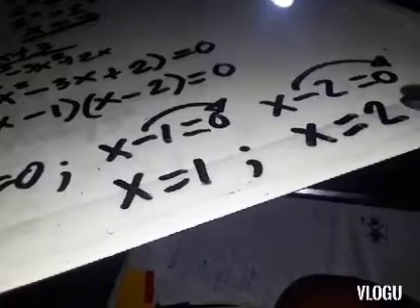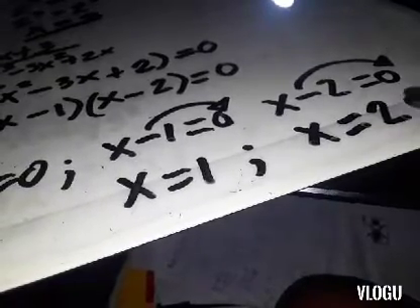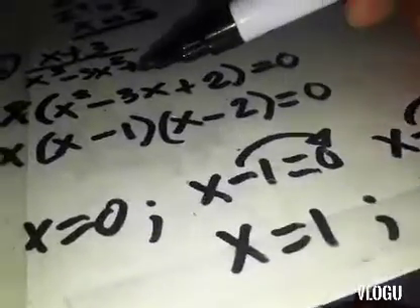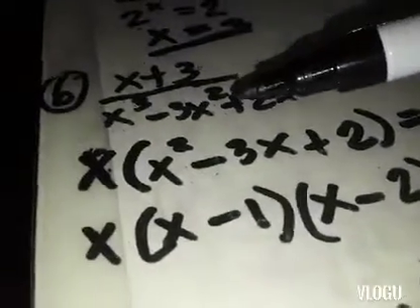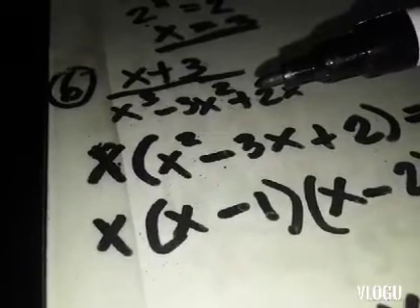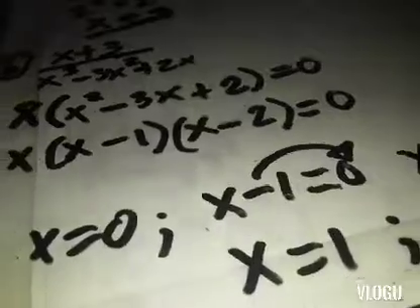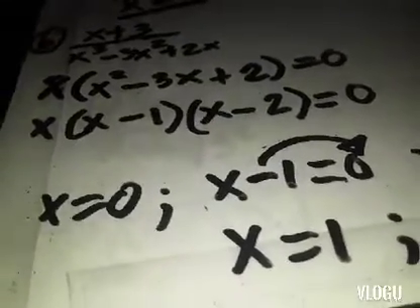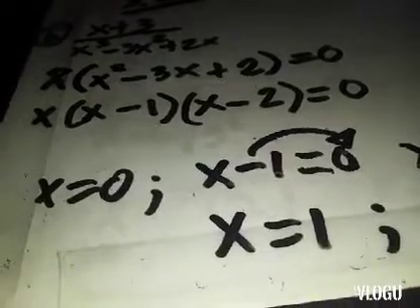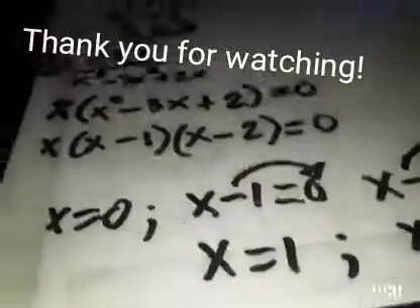Okay, so to check whether your answer is correct, just substitute the values that you get for x to your main problem or given problem. Okay, so ganyan lang po ang pagkuha ng values of x for which the function is discontinuous and undefined.